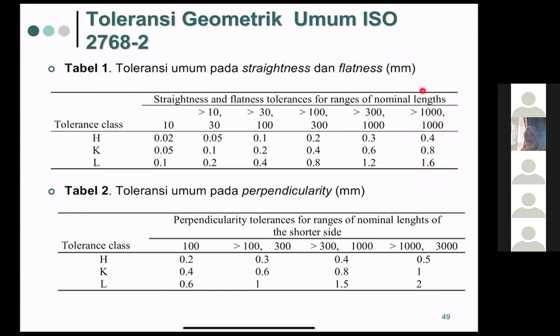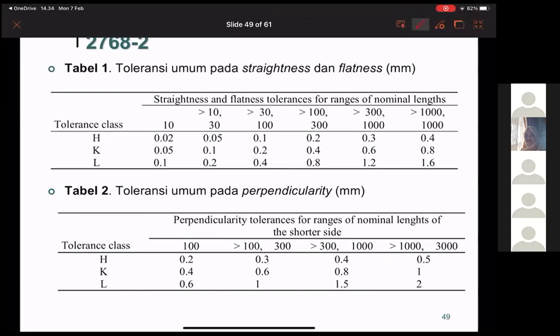For example, it is more than 1000 millimeters for tolerance class L. The tolerance of the straightness, yeah, the gap, if you remember, would be 1.6. Okay, the perpendicularity, there would be some tolerance as well, so you can have a look. For example, maybe I can let's draw.